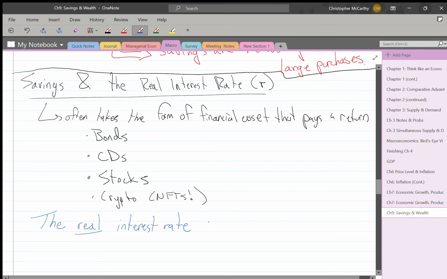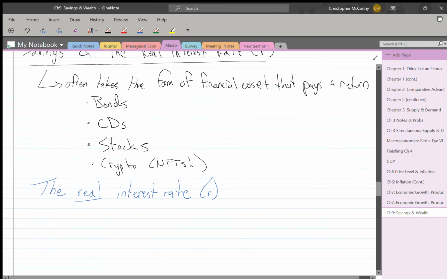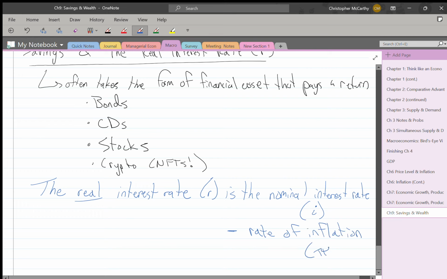So the real interest rate, abbreviated by r, is the nominal interest rate. So when they tell you, yeah, we'll pay you 5% a year on it, that's the nominal interest rate. And the real interest rate is the nominal interest rate minus the rate of inflation, which is abbreviated by pi.